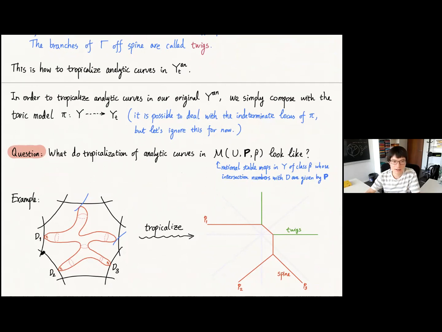It touches the boundary D in 3 points, P1, P2, P3, and it also touches the 2 exceptional divisors. When we tropicalize, we get this tropical curve. The red subtree denotes the spine, and the 2 green rays denote the twigs. This is how tropicalizations of analytic curves in our moduli space look like.